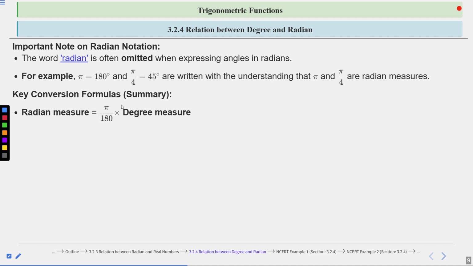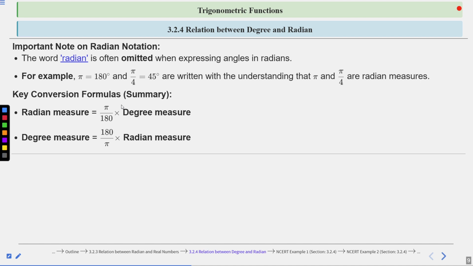For example, if you take degree measure as 180, what will be your output? Simply pi by 180 multiplied by 180. Both 180s will cancel out. The remaining term will be just pi, and this will be your radian measure. The same thing is written over here.